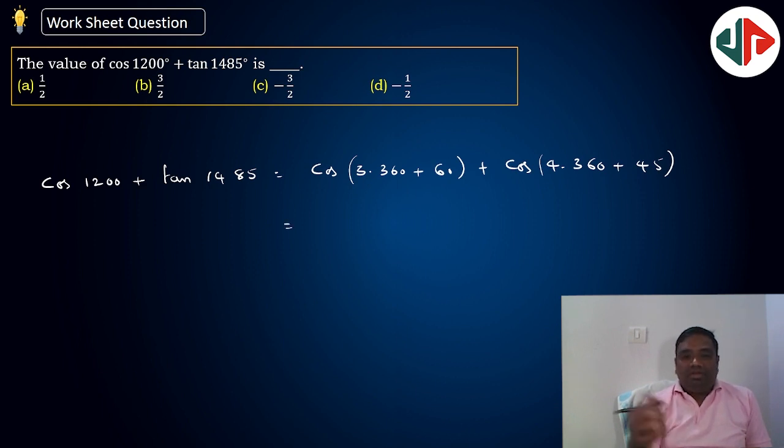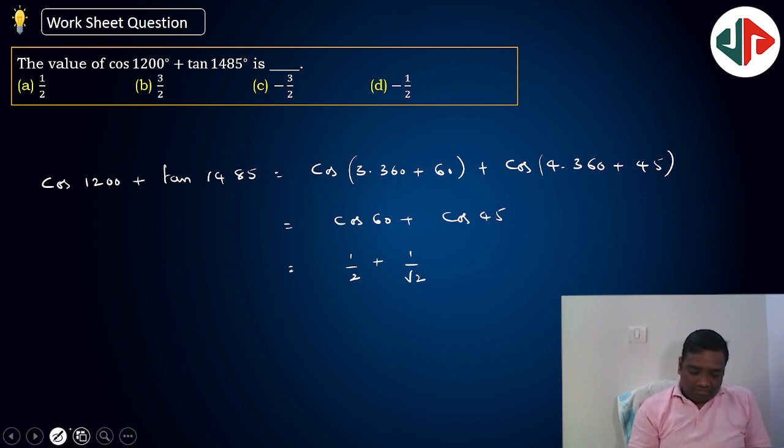Now 3 revolutions we can neglect, so 360 degrees, and this value is nothing but cos 60. What is our cos 60 value? 1 by 2. Cos 45 means 1. Sorry, this is a tan.